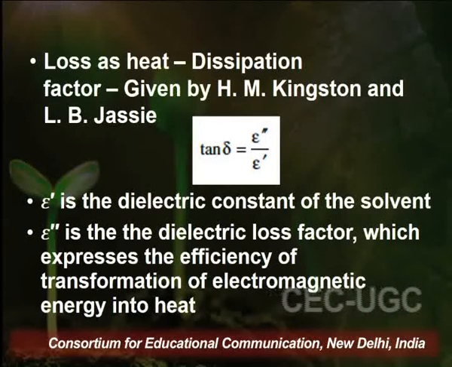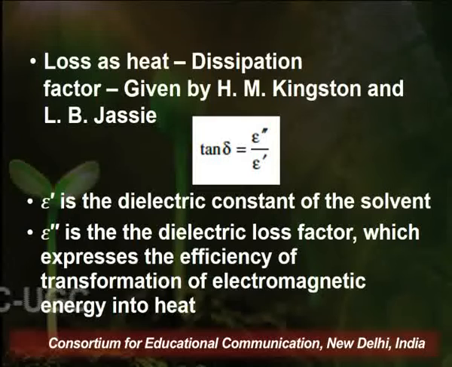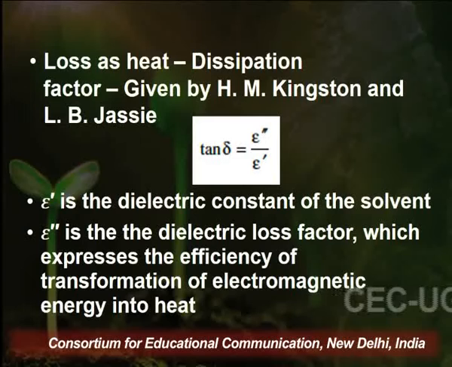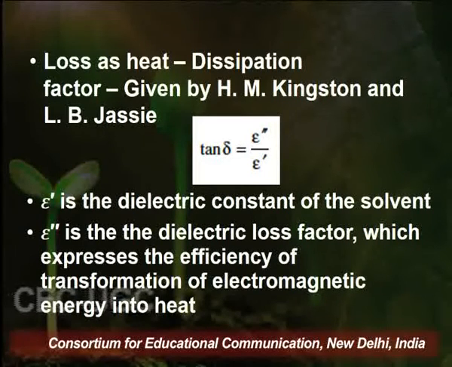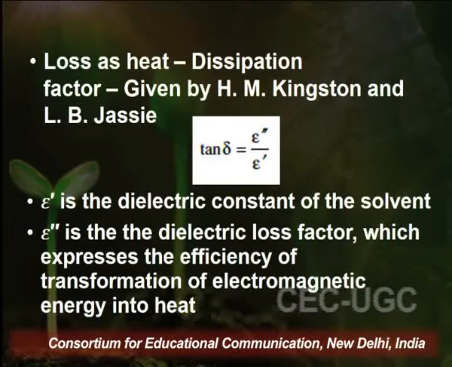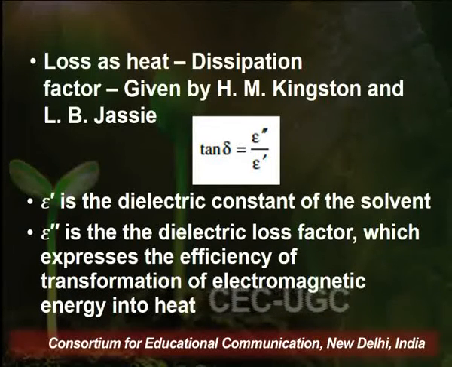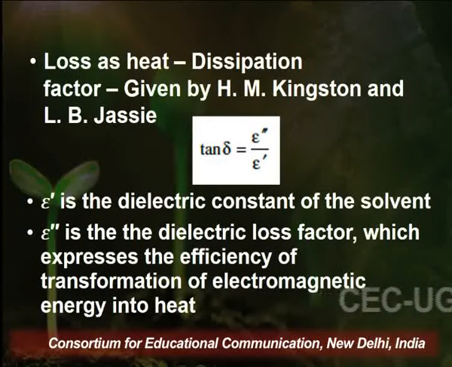Now I have told you that there is a release of thermal energy. It means heat is released, or whenever the ions collide with each other, they generate heat, and whenever the electric field strength is decreased, thermal disorder is again restored, and they release thermal energy or heat energy. This release of heat energy is defined as loss of heat, and this loss of heat has been quantified by a factor which we call the dissipation factor, given by Kingston and Jassie.